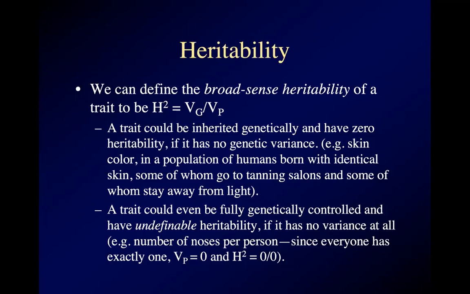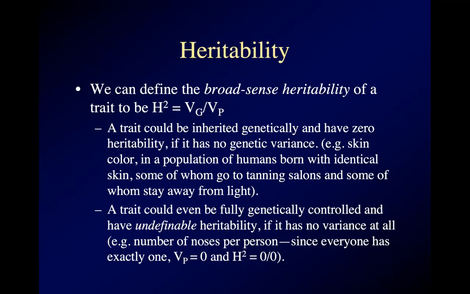Genetic variability is 0, but I actually tan passably well. So let's say we have 50 clones of me, and some of them lock themselves in their bedrooms, and some of them go to the beach and get a pretty savage tan.